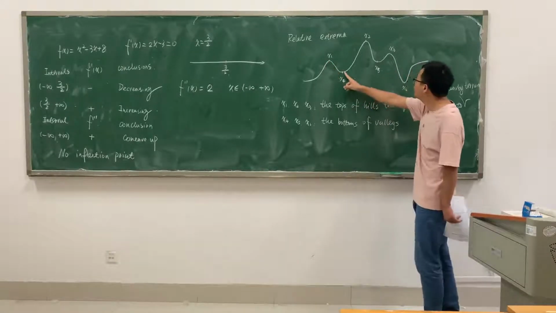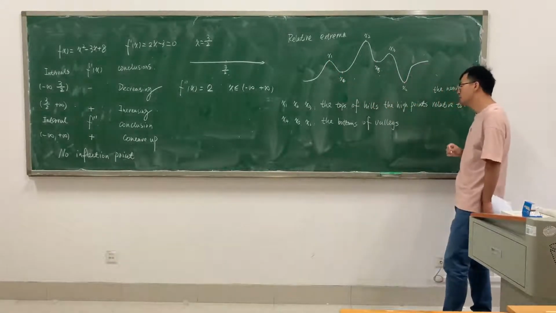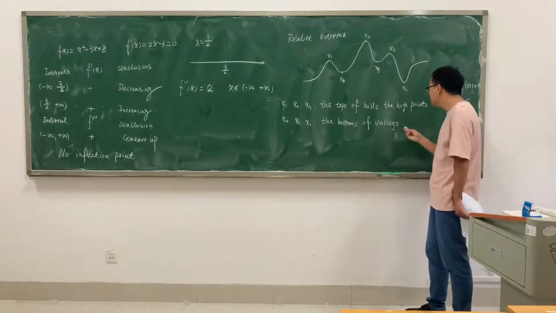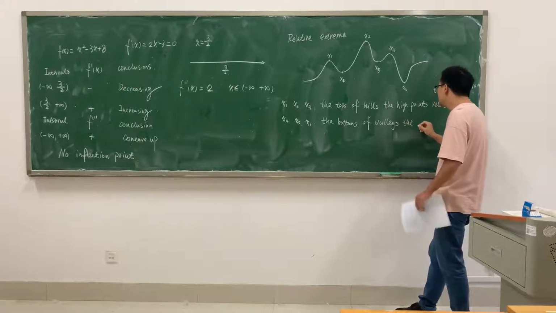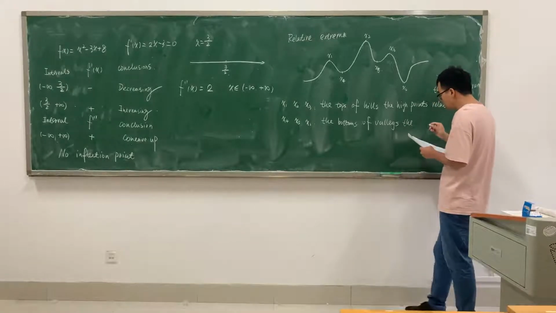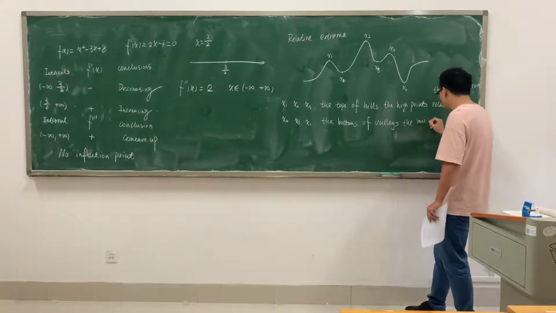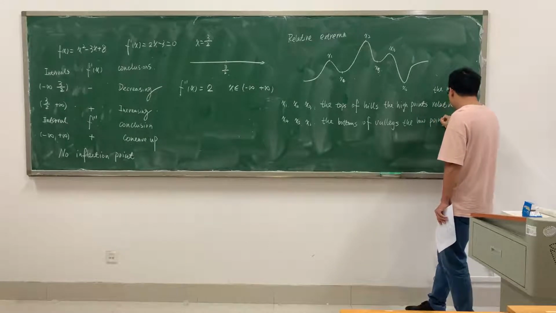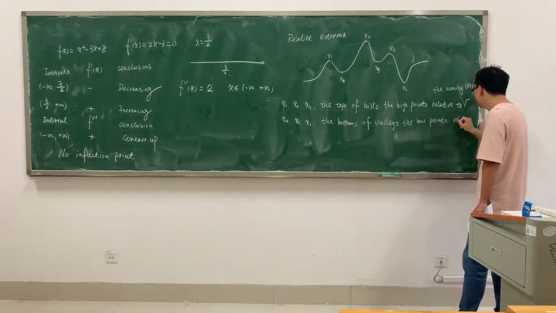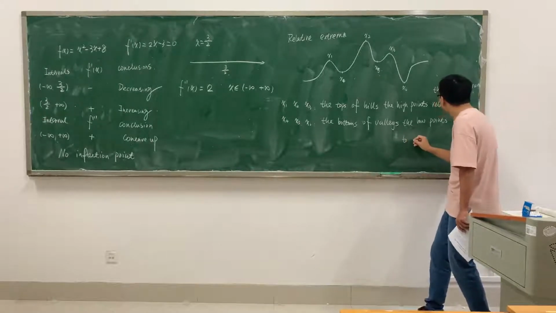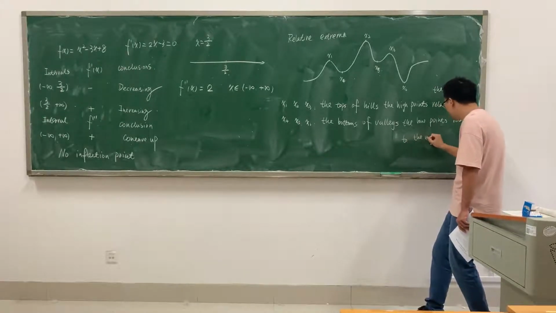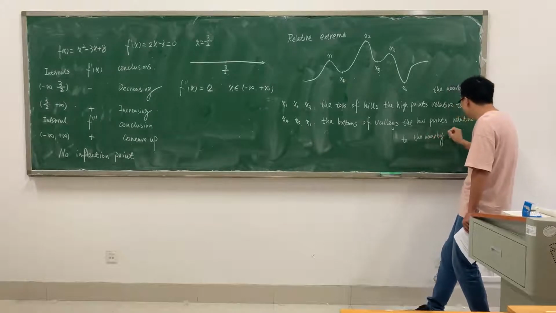And the x4, x5, and x6, we also give a name. It means the low points relative to the nearby terrain.